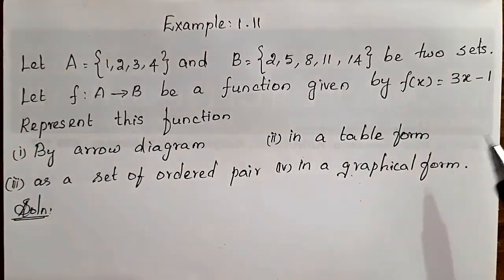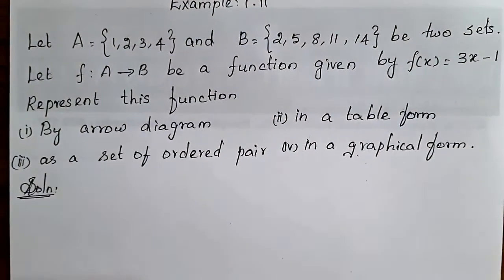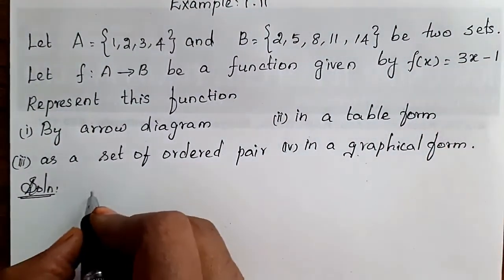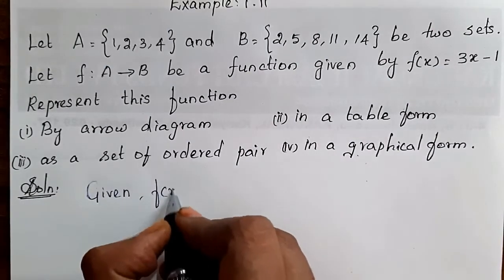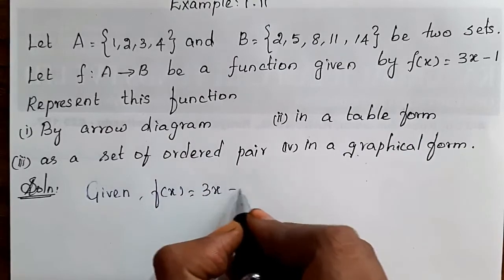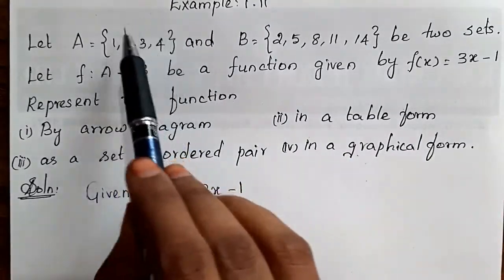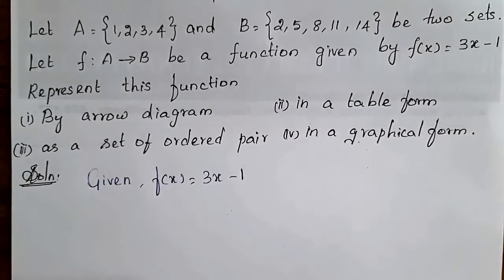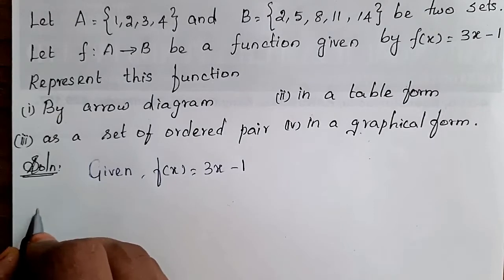So let us find the function for all x values. First of all, we write the given f of x equal to 3x minus 1. Then we apply the x values one by one and find the corresponding y value.